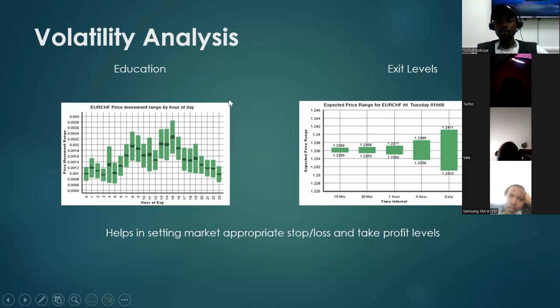Another thing that you find on the auto chartist is the volatility analysis, right? The volatility analysis gives you the instrument that will have that much movement, whether based on specific news in that region, or something happening in the global economy that will drive that specific economy.